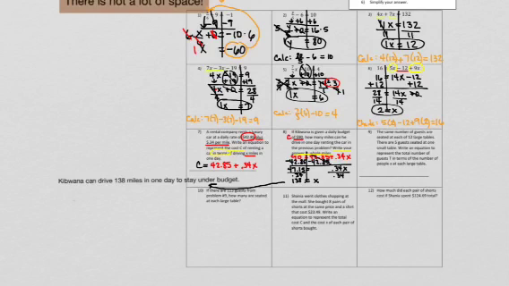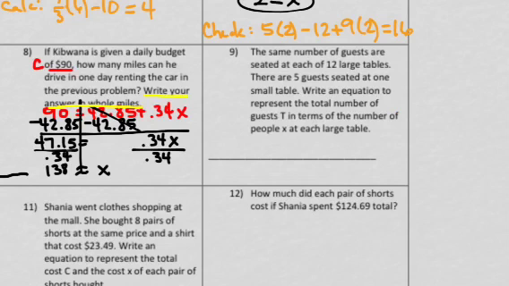All right, moving on to number 9. The same number of guests are seated at each of 12 large tables. There are 5 guests seated at one small table. Write an equation to represent the total number of guests T in terms of, so we start with T equals the number of people X at each large table.